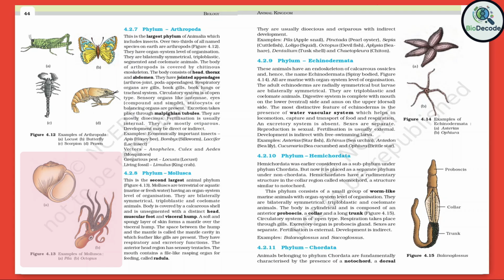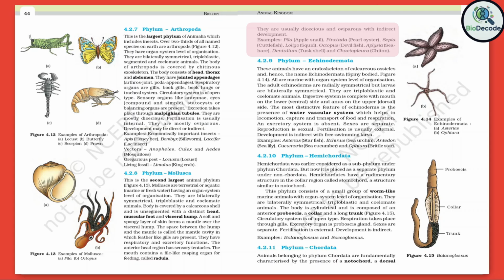It has 8 muscular arms lined with suckers, a large brain, and well-developed eyes, signs of remarkable cephalization. This figure demonstrates how mollusks evolved from slow-moving shelled forms to intelligent, agile predators, representing a leap in neural and behavioral sophistication among invertebrates. They are usually dioecious and oviparous, with indirect development.